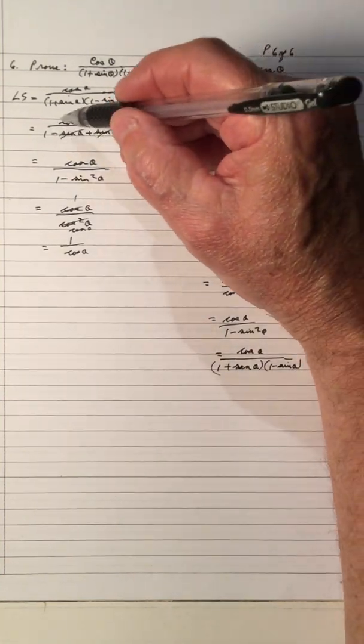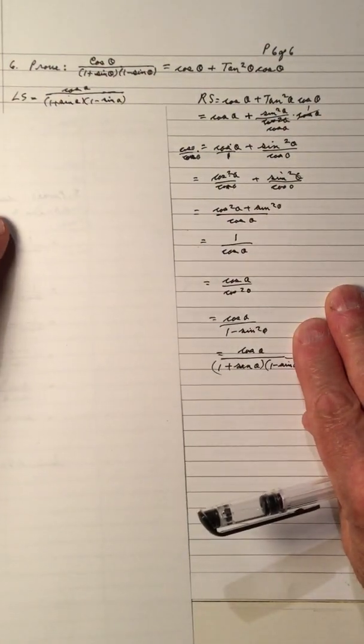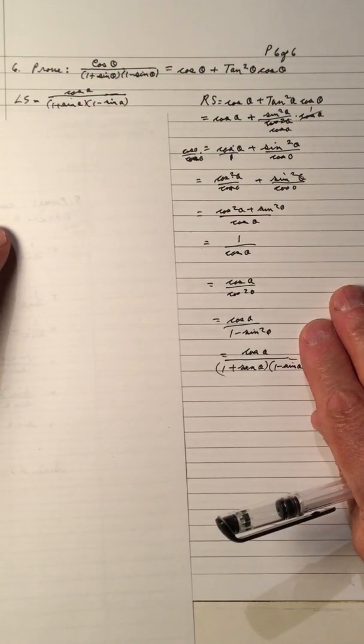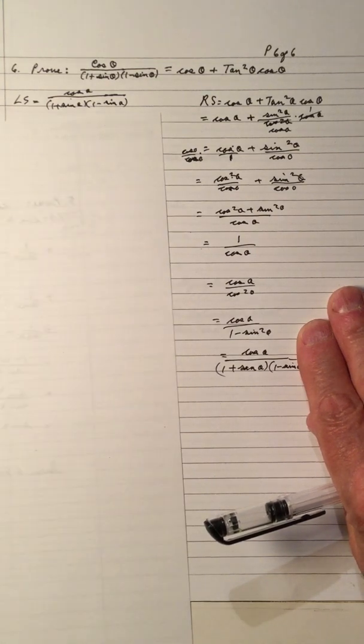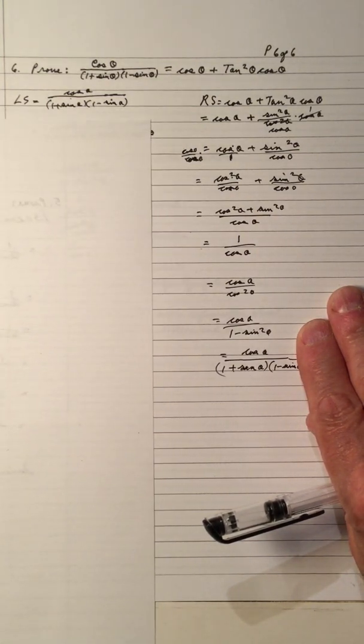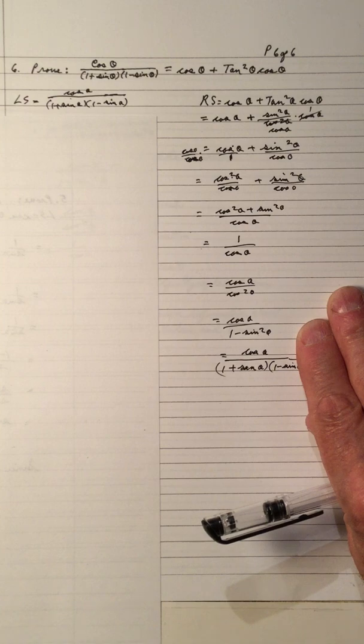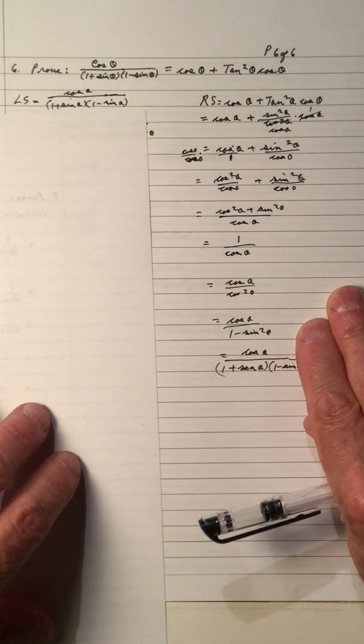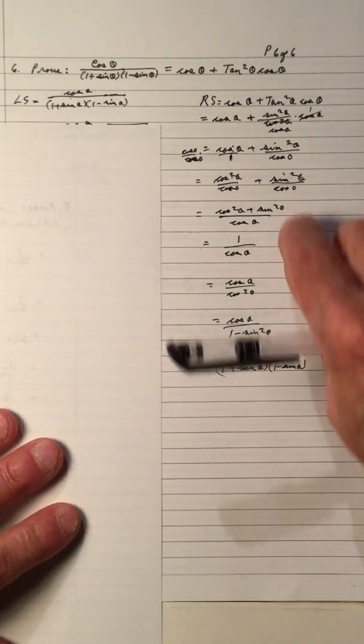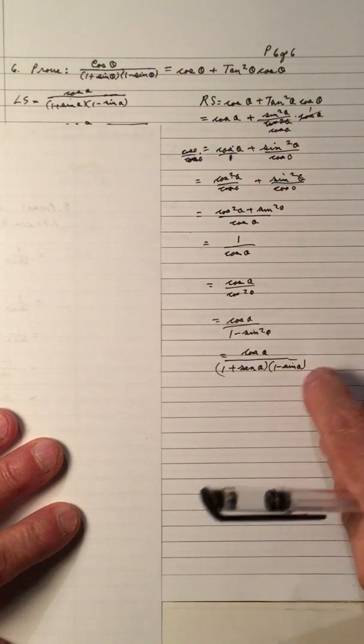And then what happens? This side is this side. So I didn't need, remember, I'm going to cover it up with a sheet of paper that I just did. Here we go. So if I cover this up, what's underneath my paper is what I did over on the extra sheet of paper. So now look at the proof. I started with the right side, I worked it right down, and it makes sense.